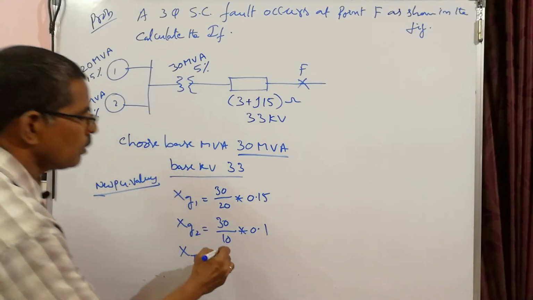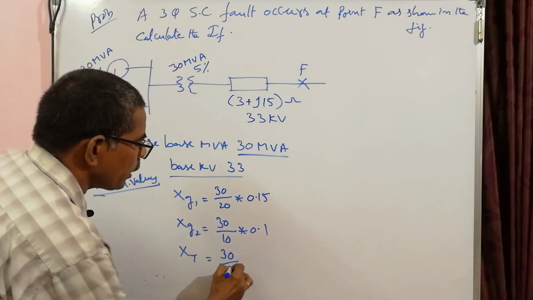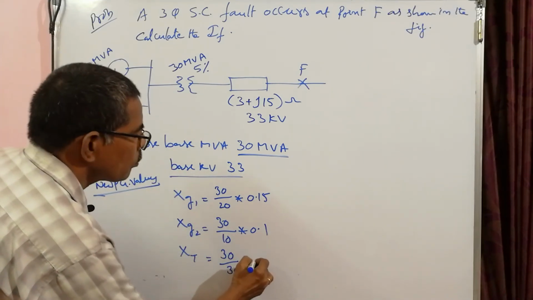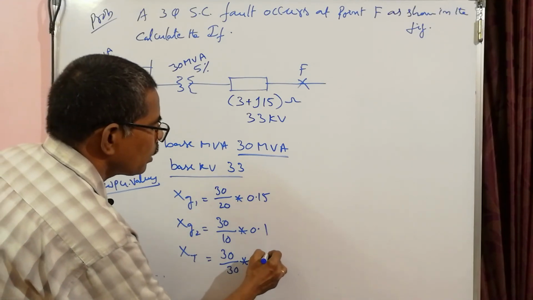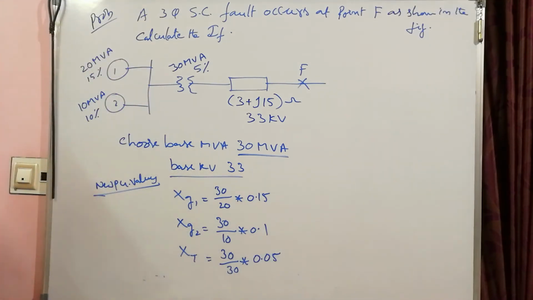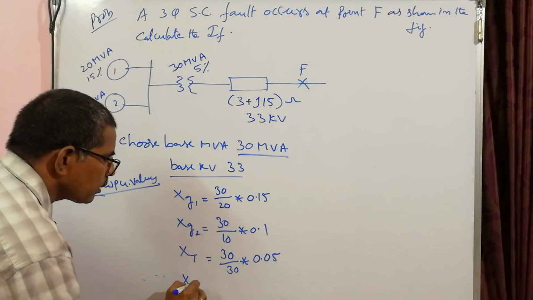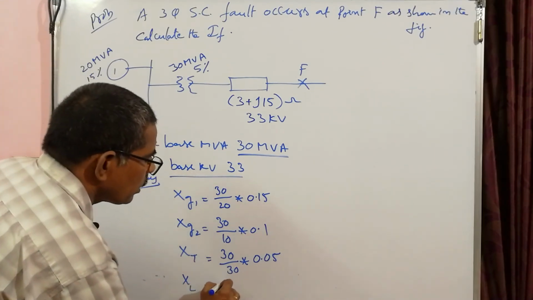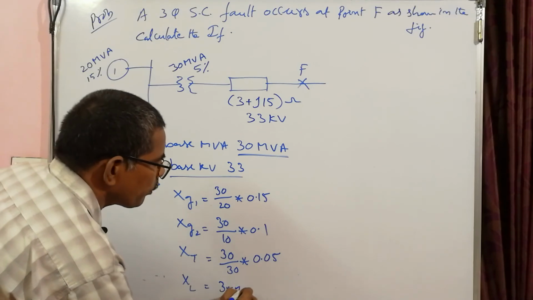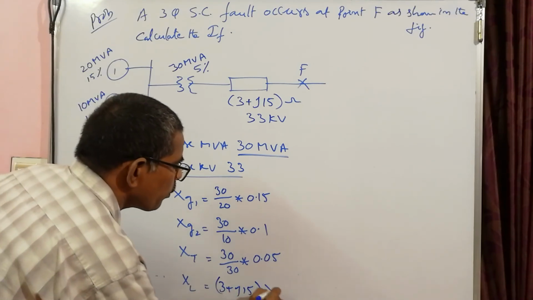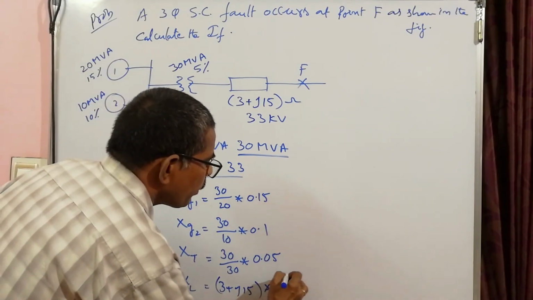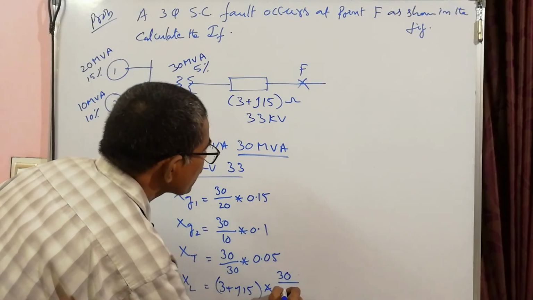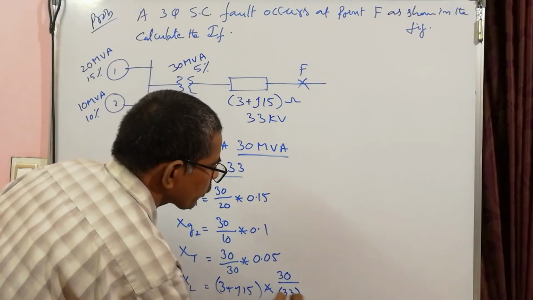Transformer, 30 by 30 into 0.05. Okay. Then XL, it is 3 plus j15 Z in ohms into base MVA by base kV square, base kV 33 square.